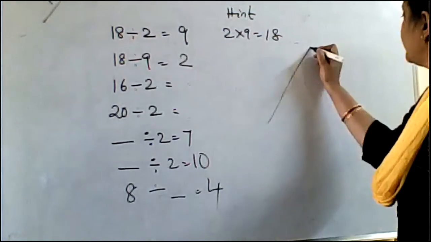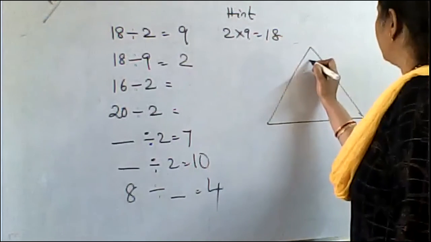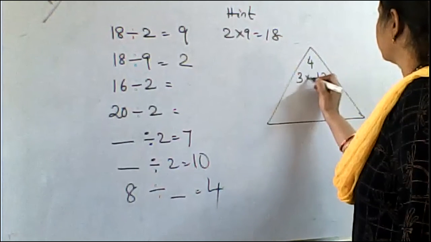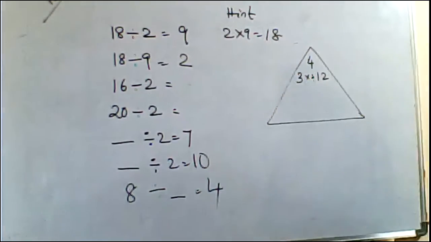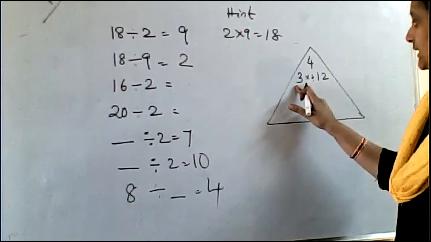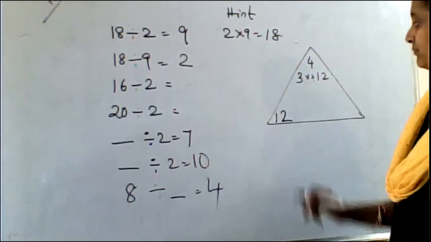So like that, suppose you have 2 numbers, 4, 3, 12. See here. 4 into 3, what will you get? 12.